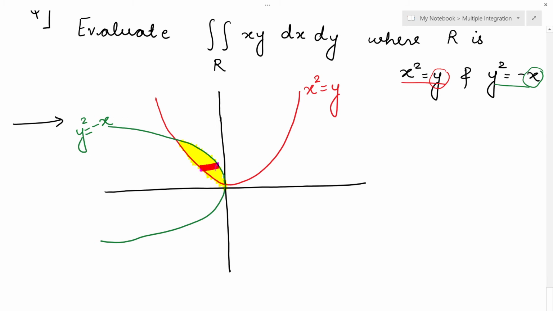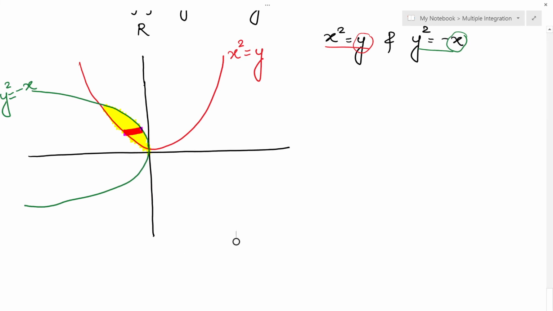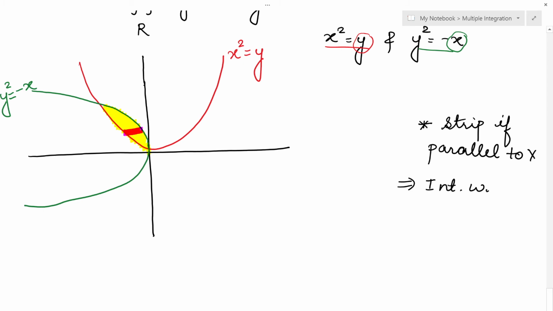parallel to x-axis. Now if I consider a strip parallel to x-axis, things to note down is, I'll write here in rough, this is not the part of your sum, but still if the strip is parallel to x-axis, integrate with respect to x first.